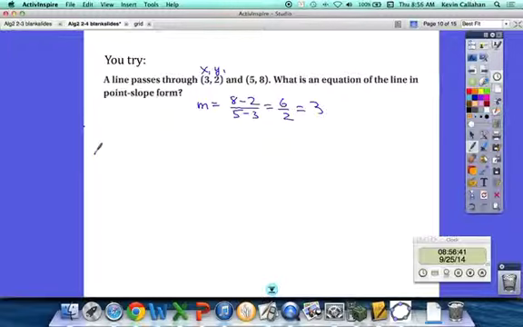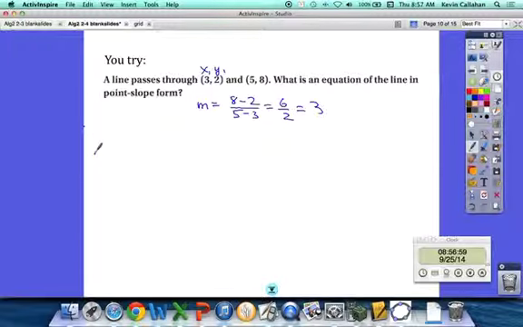Again, use this as your x1, y1. What do you get? Still working on it? Y minus 2, 3x minus what? You trying to get it?